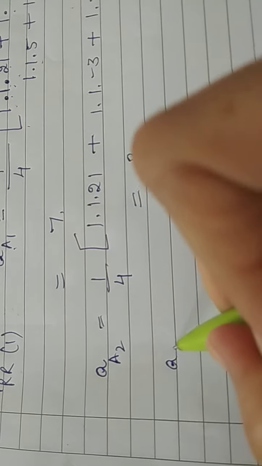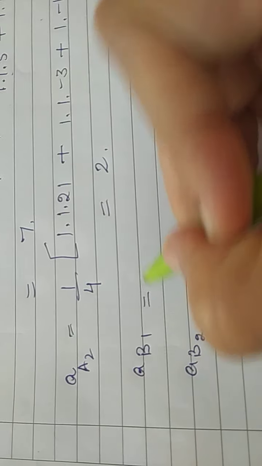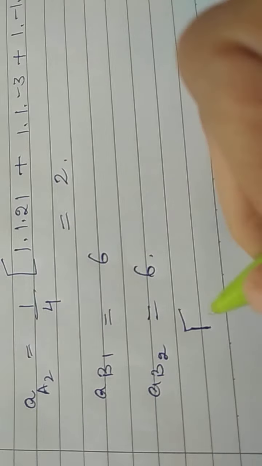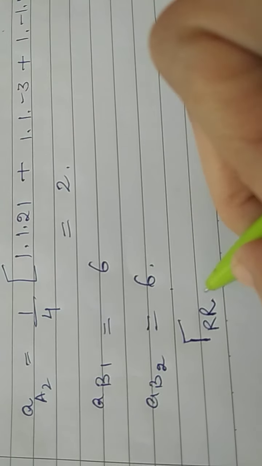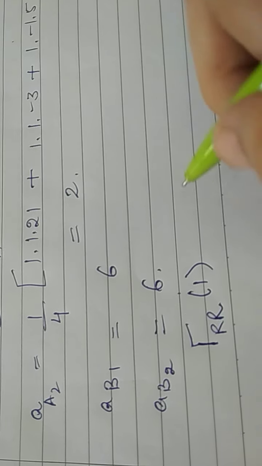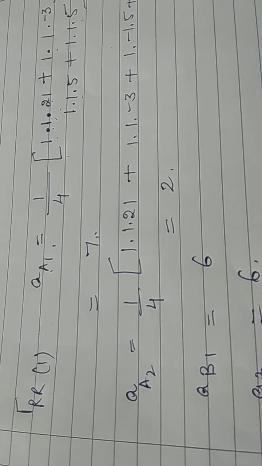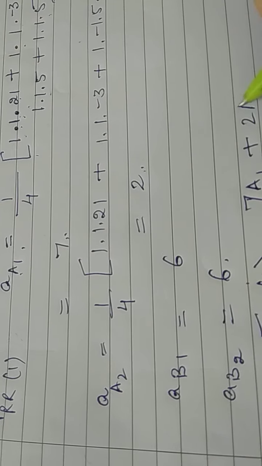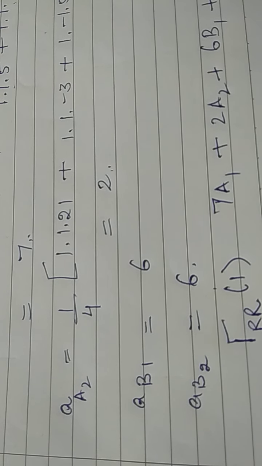The same way you can calculate for B1 and B2. The answer should come out to be 6 for both of them. So the final reducible representation for this first example is 7A1, that is A1 is 7 times, plus 2A2 plus 6B1 plus 6B2.